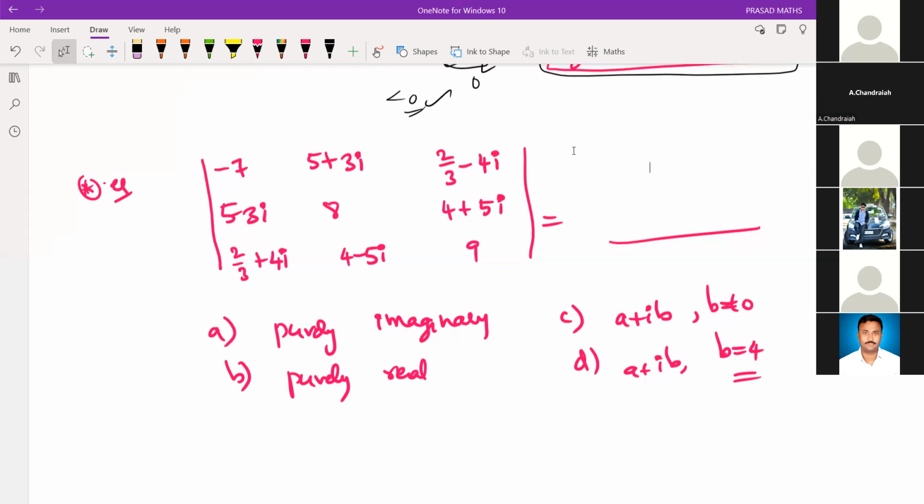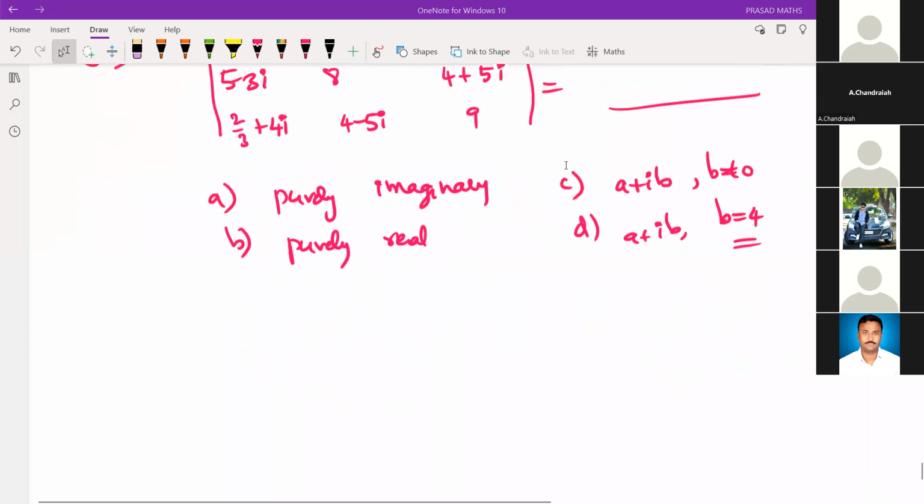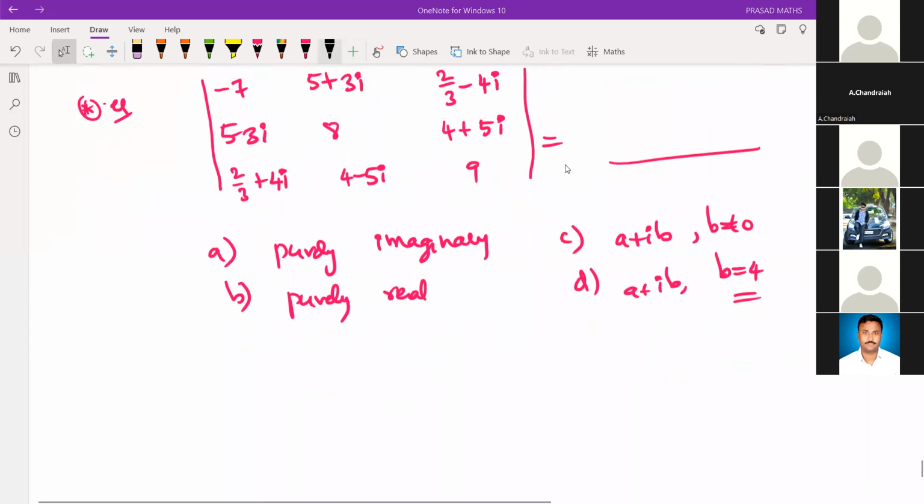Anyone else? Okay, sir, give the clarification. See, suppose you take this as z. It's a complex number. Once you assume this, what is z bar? Anybody?